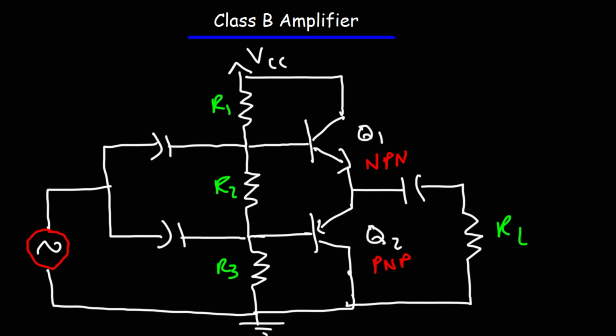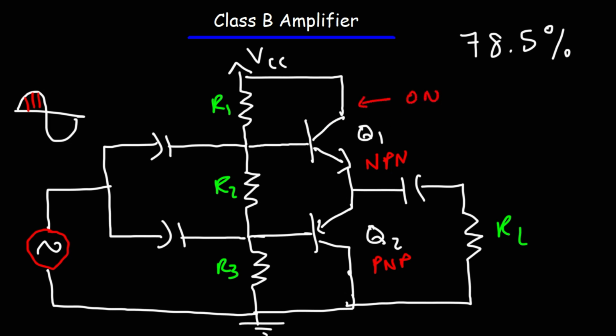The maximum theoretical efficiency for this amplifier is 78.5%. Now, in order for this circuit to work properly, the 2 transistors have to be biased at cutoff. During the positive half cycle of the input sine wave, Q1 conducts. So Q1 is in the on state, Q2 is off.